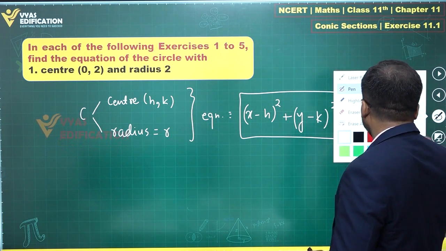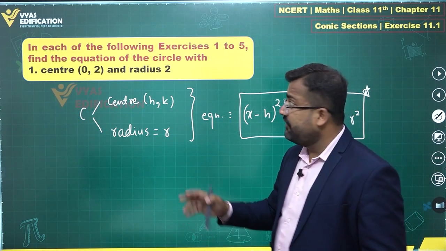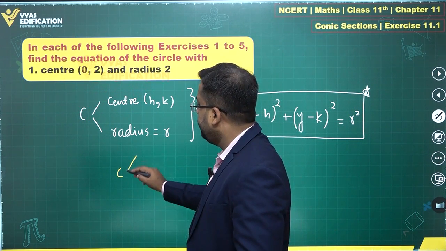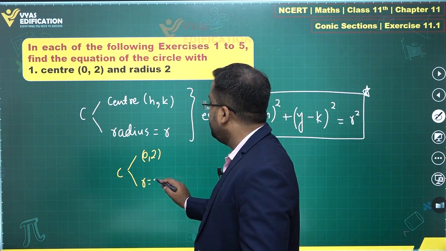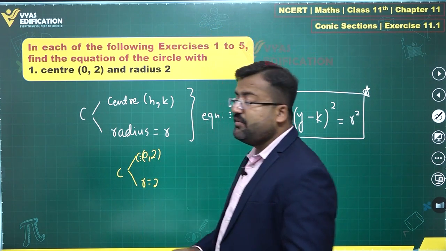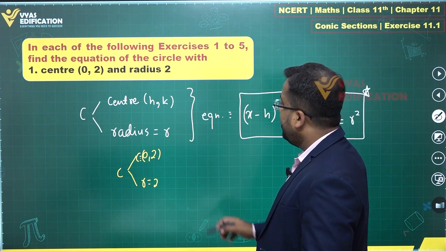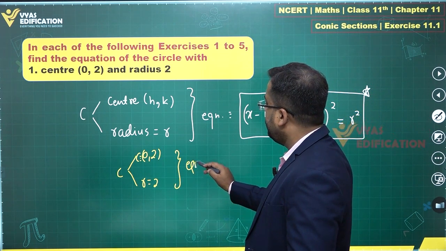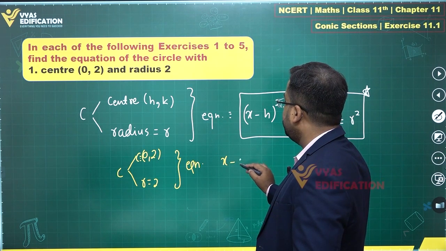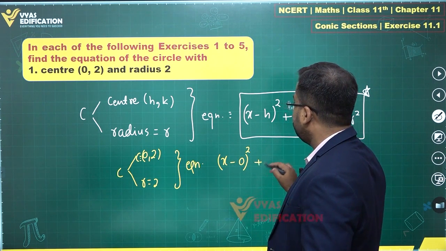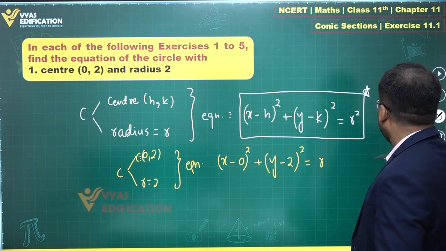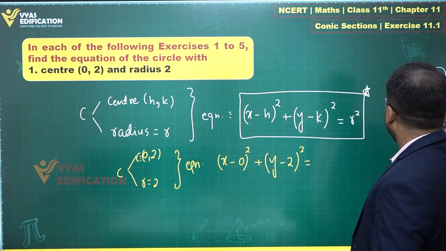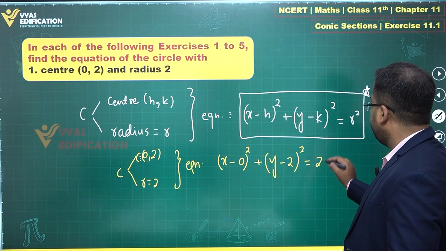In this particular question, as you may observe, we are given the center and the radius. For the circle, we are given center 0 comma 2 and radius equal to 2. Let's denote the center by C. With the help of this, the equation of circle will be x minus 0 whole squared plus y minus 2 whole squared is equal to r squared, which is 2 squared.